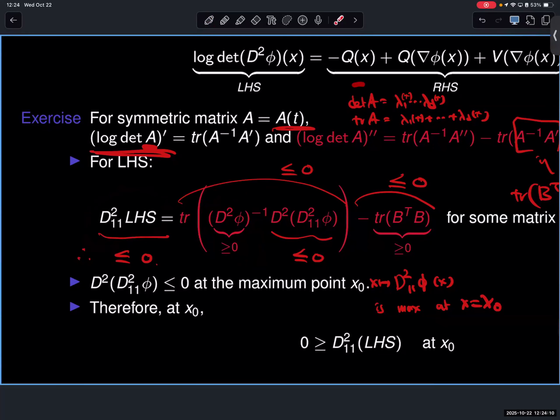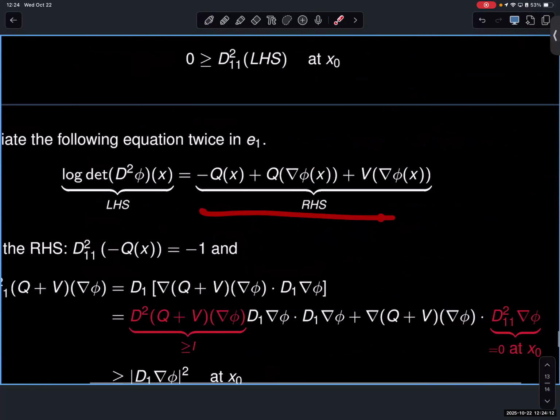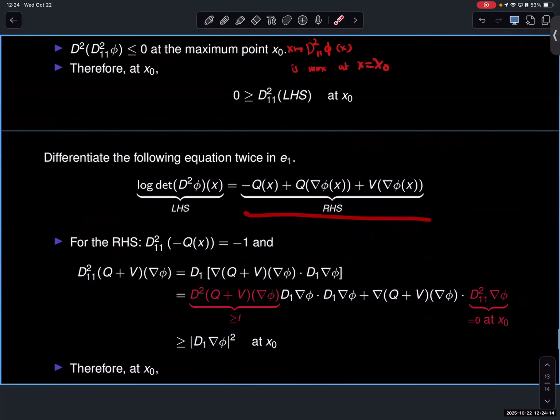Then what is on the right-hand side? On the right-hand side, you differentiate this. Q is a quadratic function, so Q is just x squared over 2, right? If you differentiate this twice, you get just -1. That's what this is.